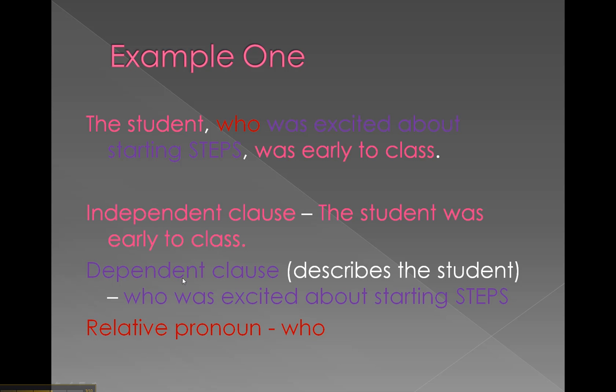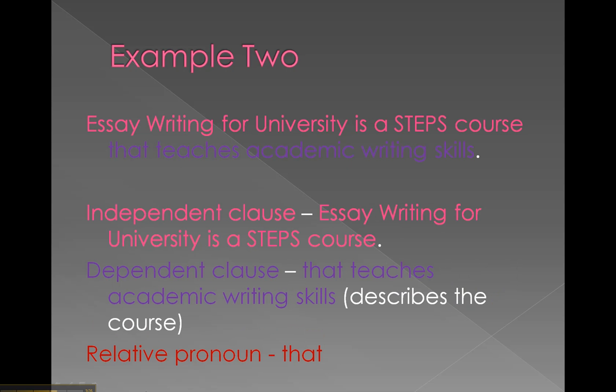And this dependent clause describes the student. What is it that we now know about the student? They were excited about starting STEPS. So that's the dependent clause, and the sentence, if we took those words out, would make sense without it.